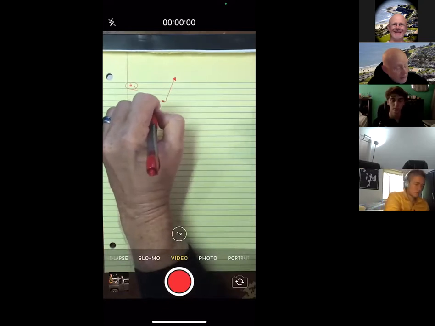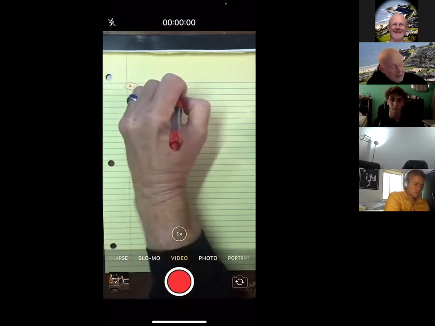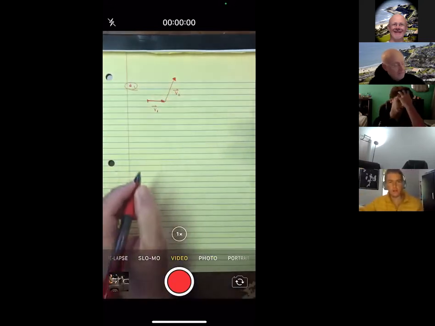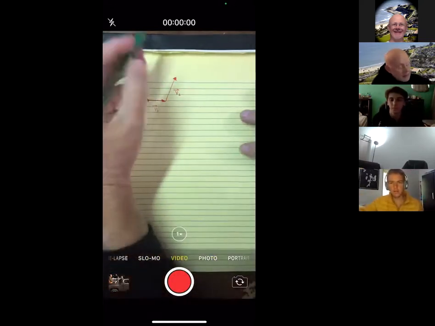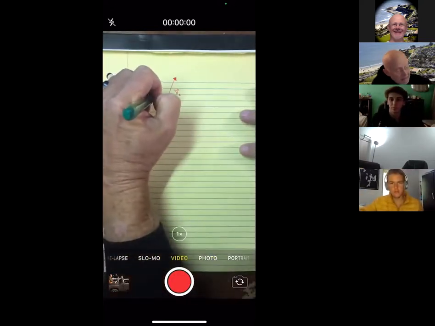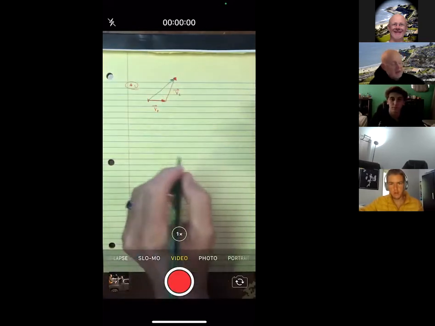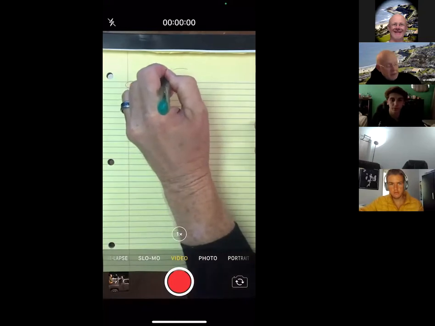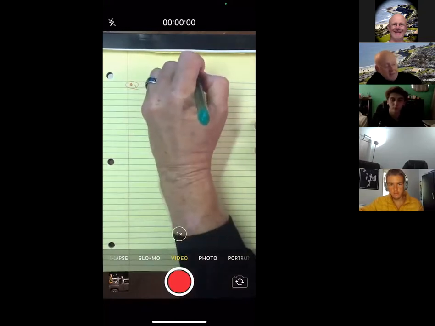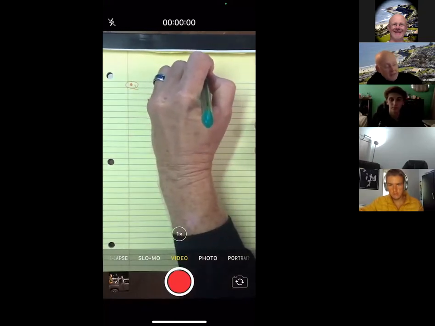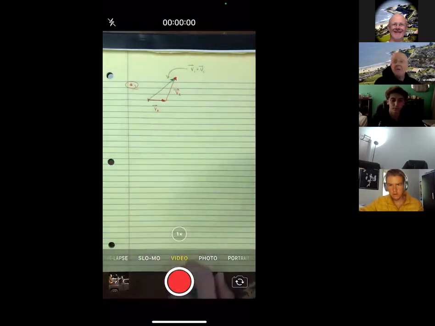V1 for vector 1 and V2 for vector 2. And this right here is the sum of the two. So in green, I'm going to put V1 plus V2.